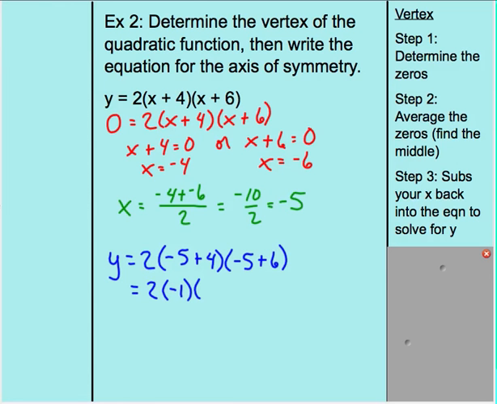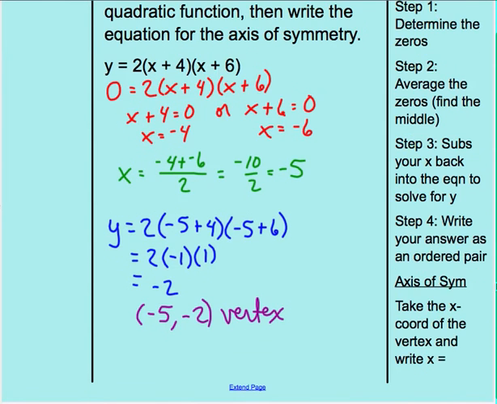Negative 5 plus 6 is positive 1. 2 times negative 1 is negative 2 times 1 is negative 2. So the coordinate for our vertex is, we got -5 for x, -2 for y. And then finally, to get the axis of symmetry, we just write an x equals equation with the x coordinate of our vertex.